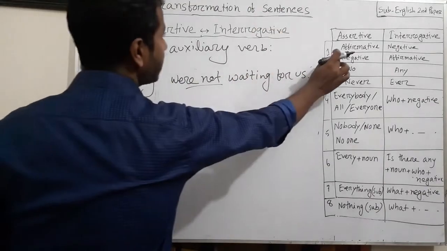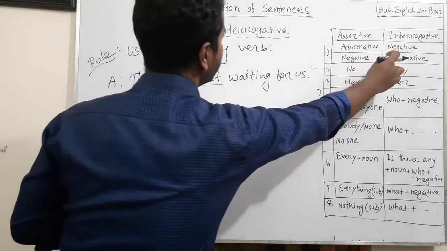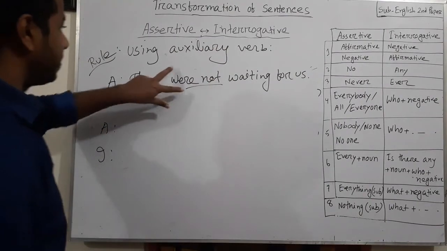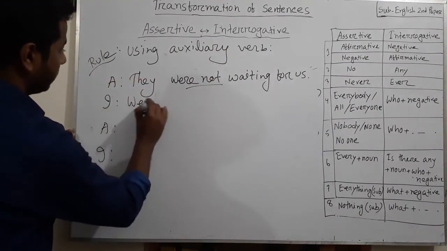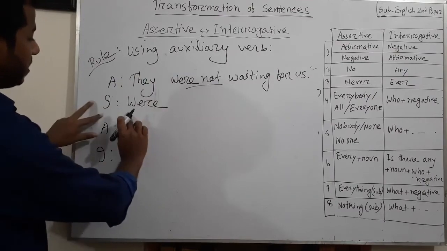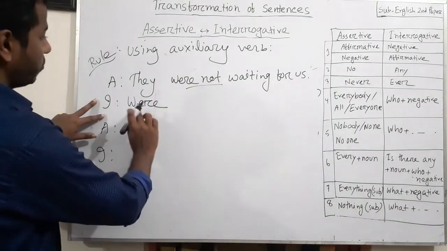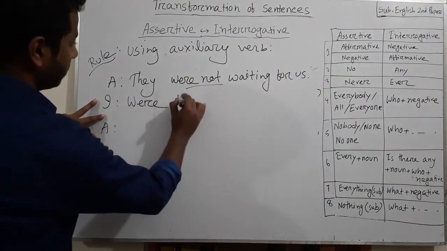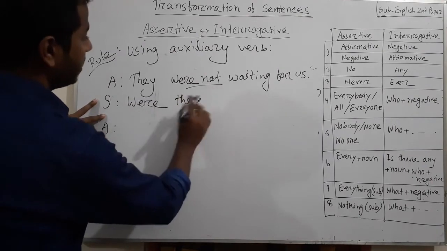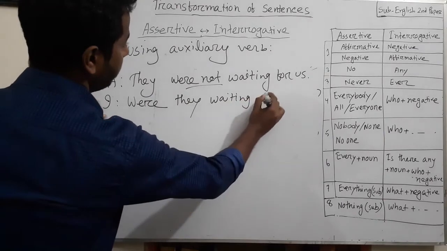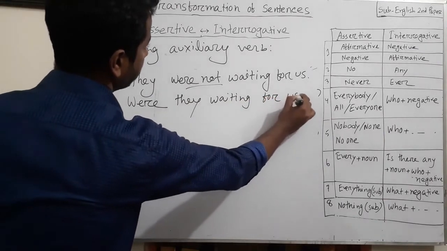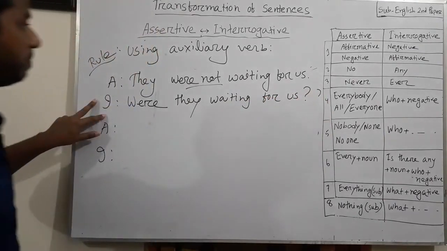So if assertive sentence is in negative form, in interrogative it will be in affirmative form, and the auxiliary verb will be before the subject. Okay, so the interrogative sentence will be in affirmative form, so were they waiting for us? Interrogative mark.